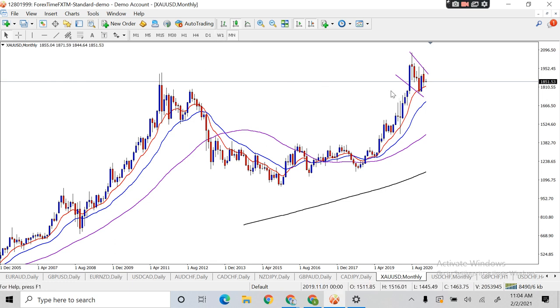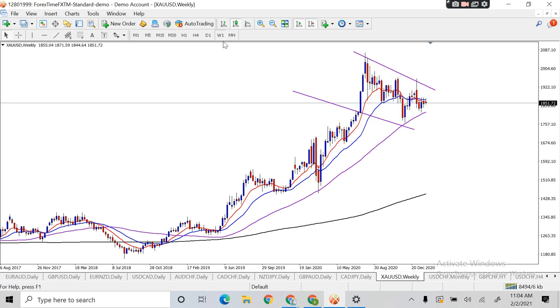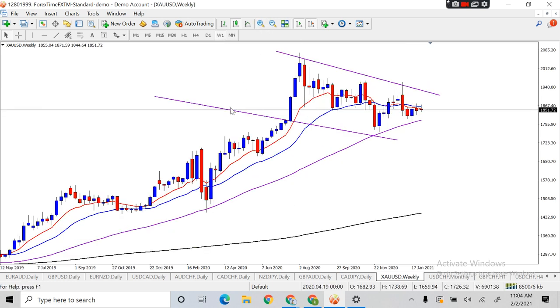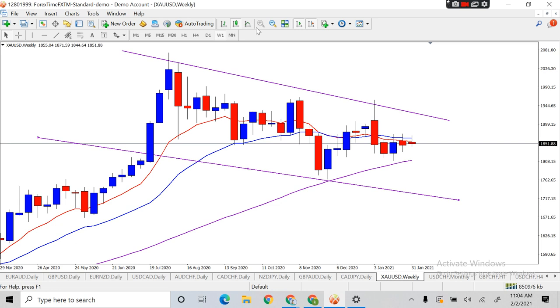It sold the whole of last month of January. On the weekly time frame, it still looks like it wants to sell. We are in day 2, and I'm still seeing a bearish candlestick.